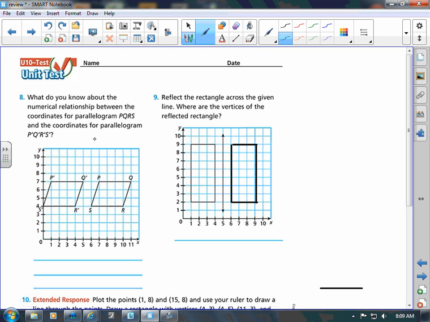If we look at what the number represents here, what happened with the parallelogram, it moved across the x coordinates 6 positions. So if my original one was PQR, which is this parallelogram over here, when it moves over, it's moving a -6. It's moving 6 less positions than the original.